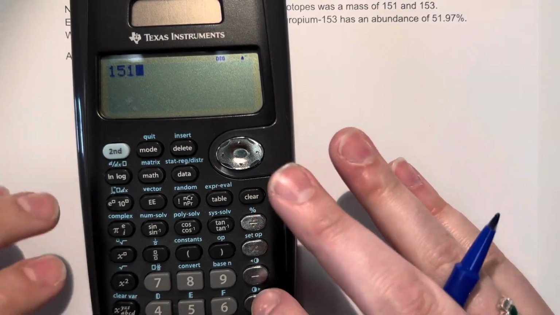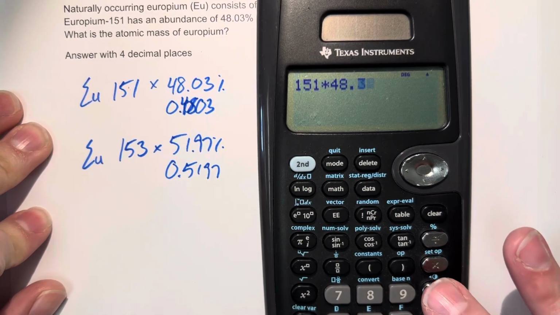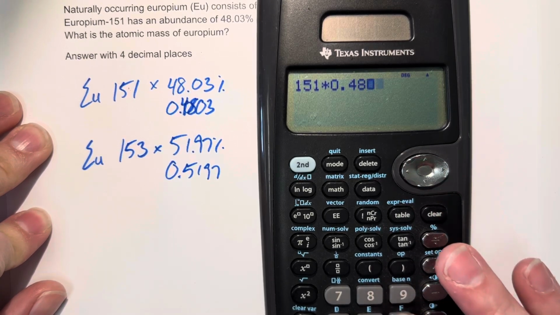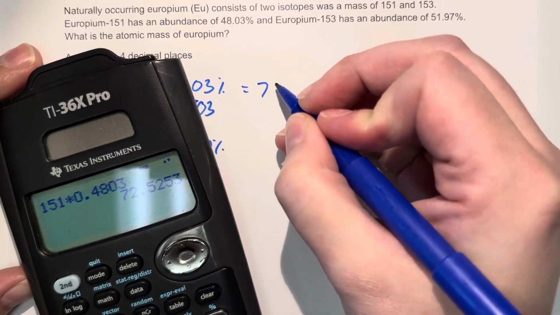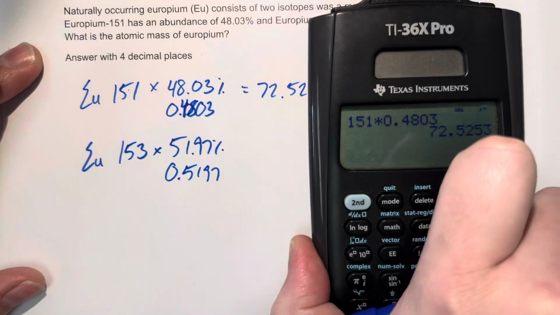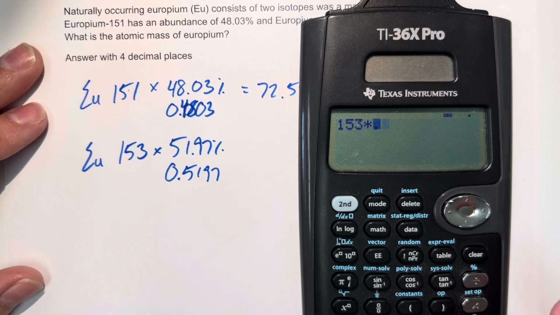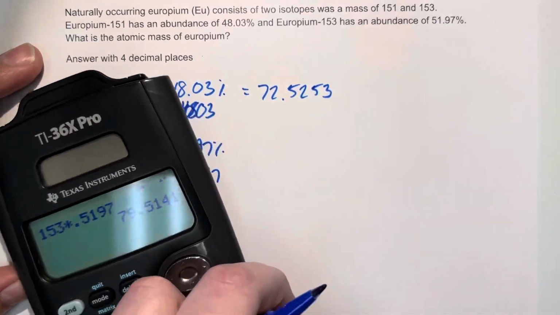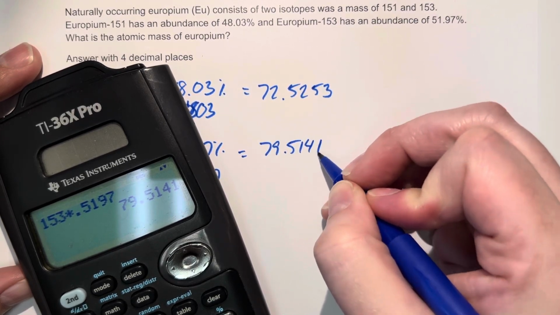So 151 times 0.4803 gives me 72.5253. And 153 times 0.5197 gives me 79.5141.